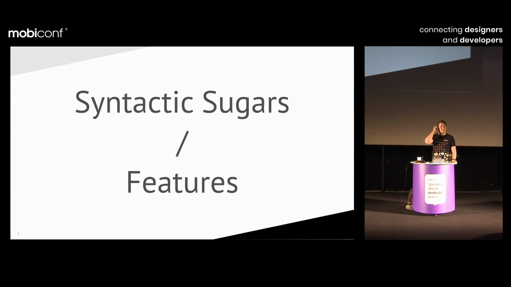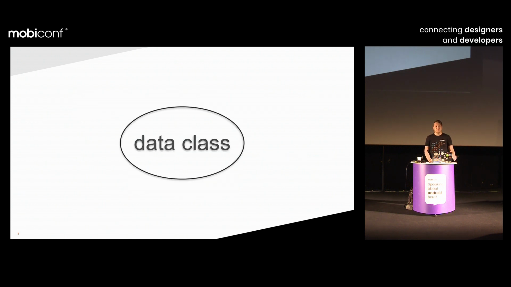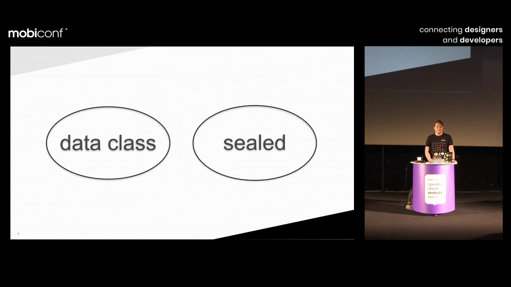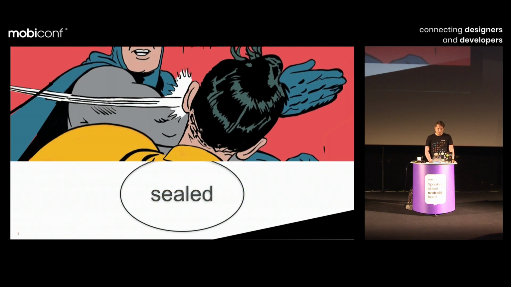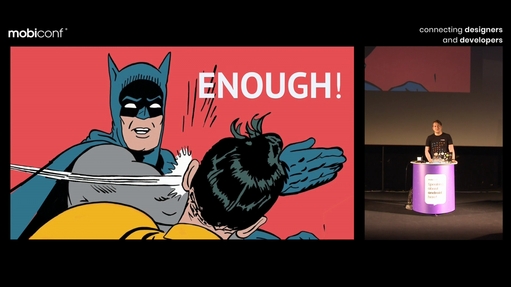Quick question mark. Okay, cool. So today we will talk about data classes, about sealed classes, and extension functions. Are you happy? Enough. We will not talk about this, sorry.